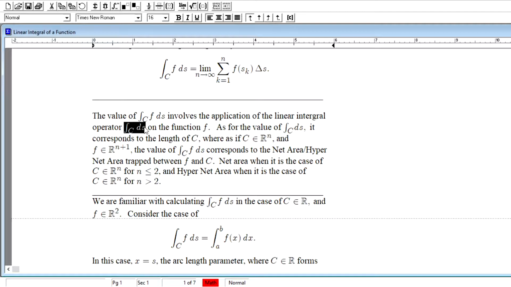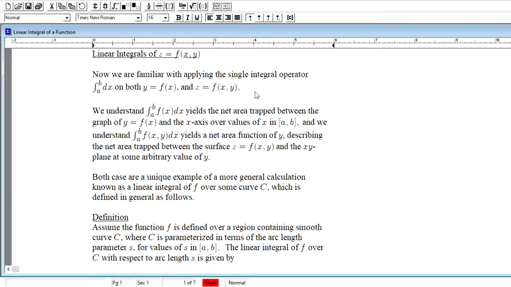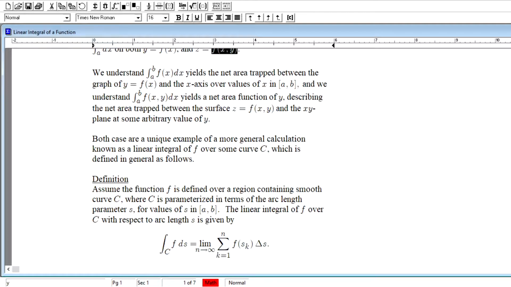Where that linear integral operator can apply itself to functions in the context of f of x or f of x comma y.